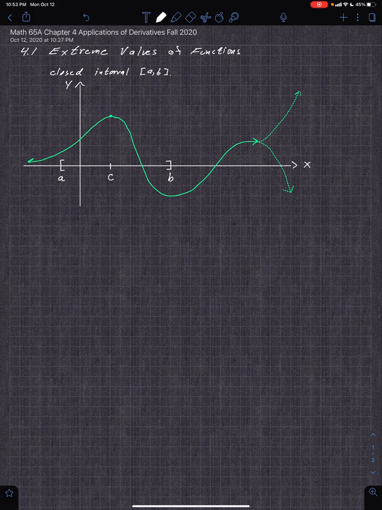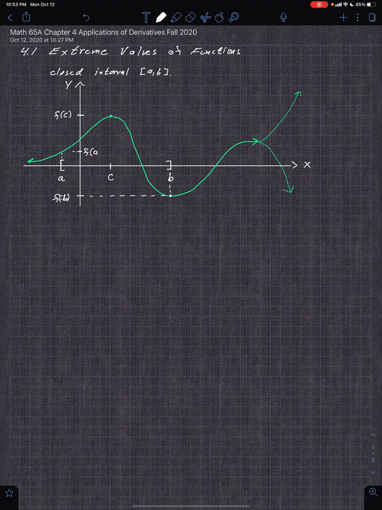So in this picture, on that interval, this is f of c. F of a would be right about here, so that's my f of a. F of b would be down here, so this is my f of b.